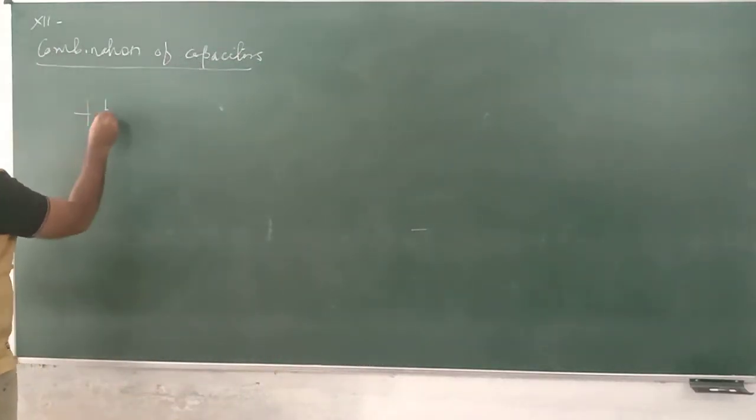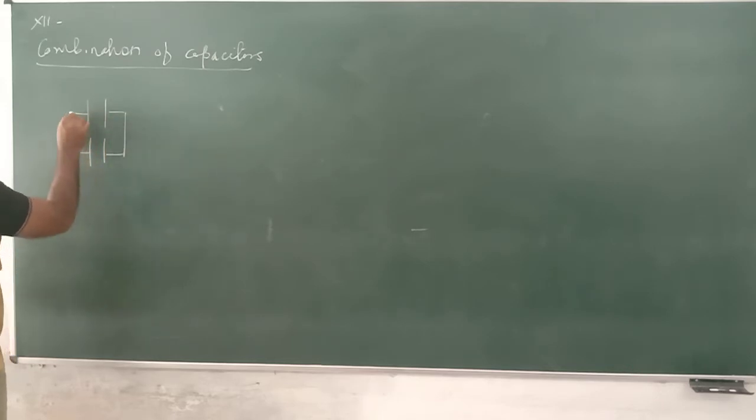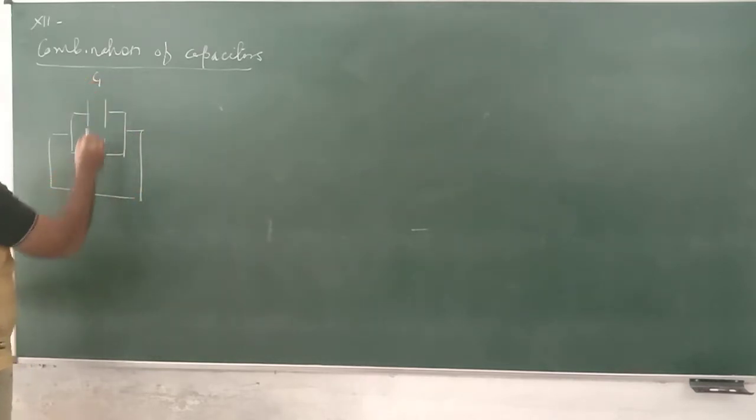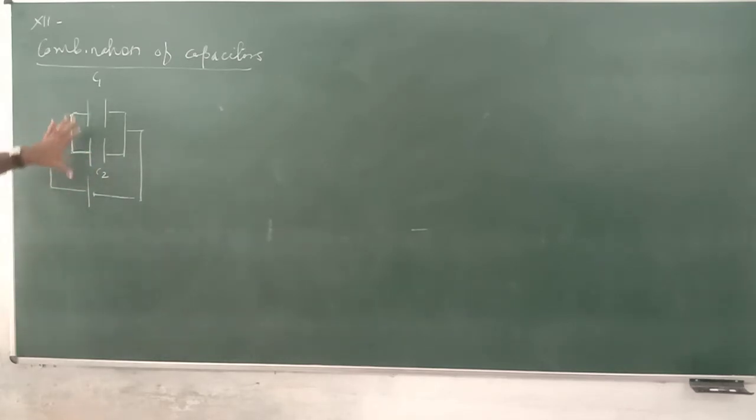If these capacitors C1 and C2 are connected in this way, with one terminal to the positive of the battery and the other to the negative, then they are in parallel, and therefore the potential remains the same.